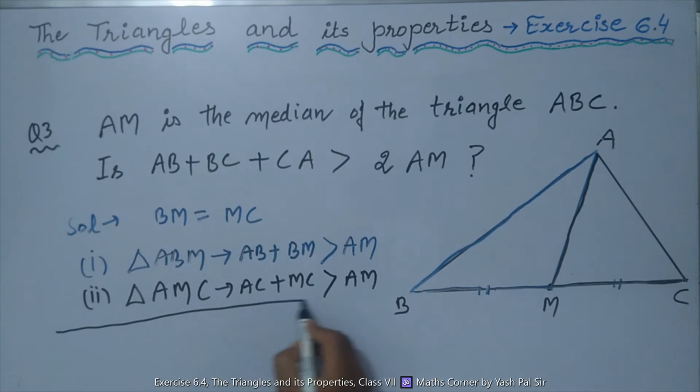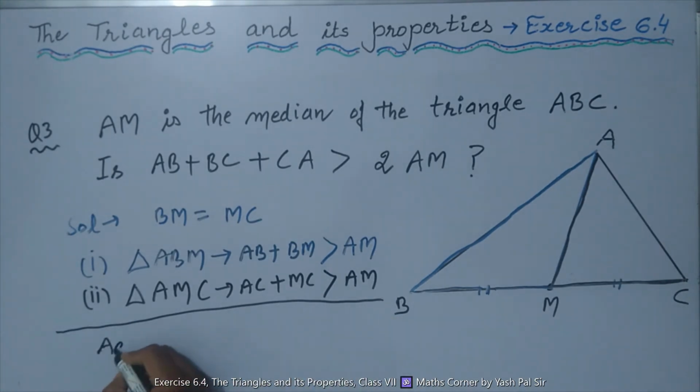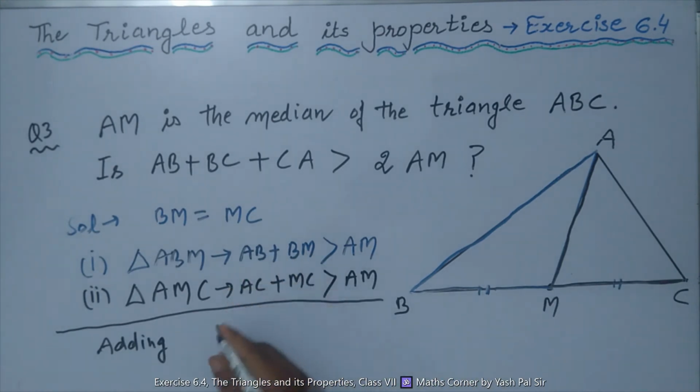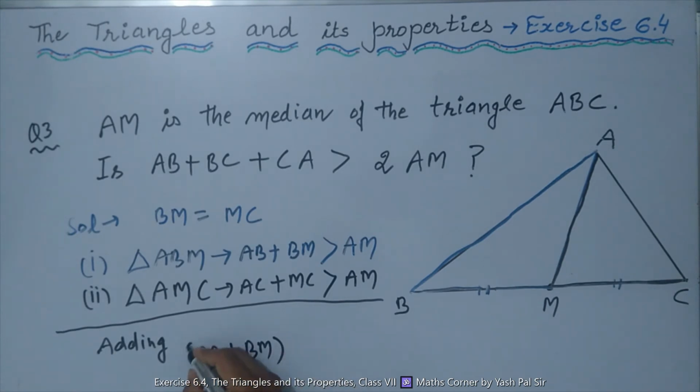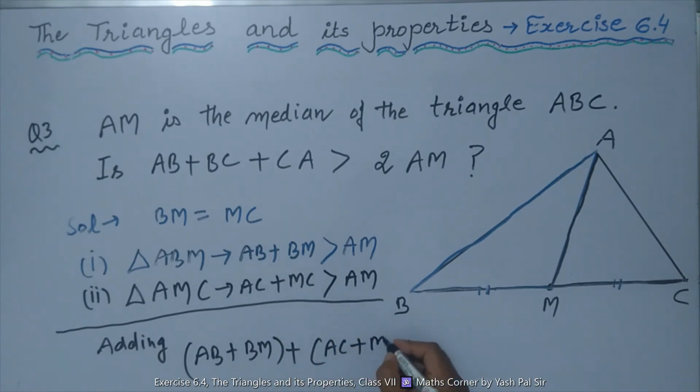Now we add these two. Adding, what becomes? AB plus BM plus AC plus MC is greater than AM plus AM, which is 2AM.